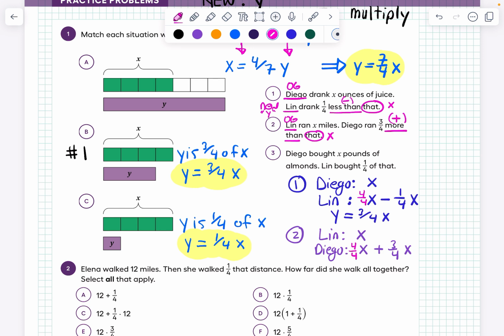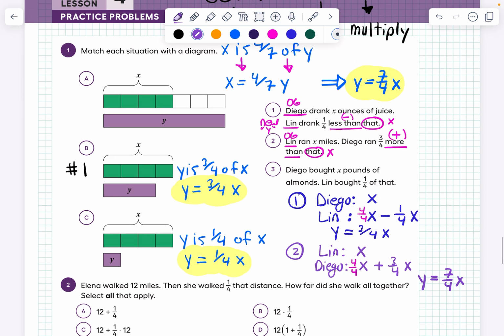So I have 4/4 X plus 3/4 X. So my equation ends up Y equals 7/4 X. And as you can see, that would match up to A. So this would be number 2.